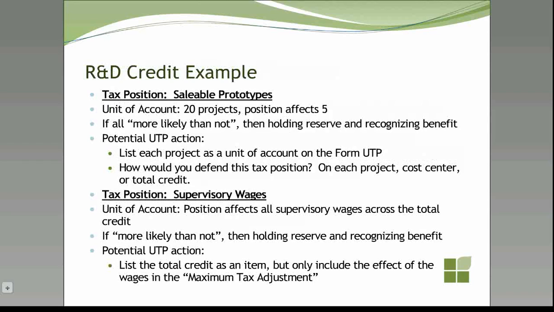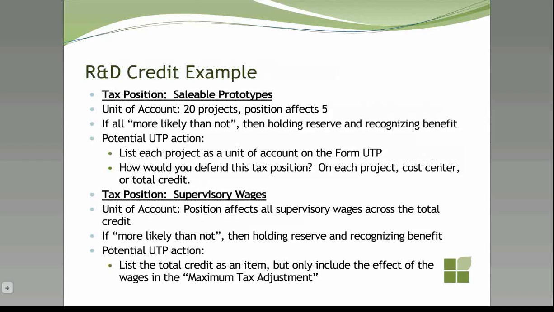Now again, hopefully you see that when I list supervisory wages on the form, and it's worth $1 million, you just think about that as putting an IRS hat on for a second. I look at this form and say, okay, these supervisory wages are worth $1 million. And if I'm an exam or technical advisor or an engineer or whoever might be looking at that information, I would say, well, we've got a good fact pattern for this issue, and this issue.